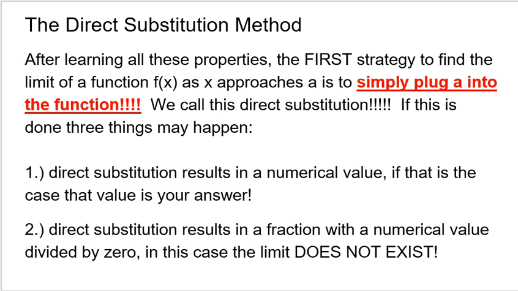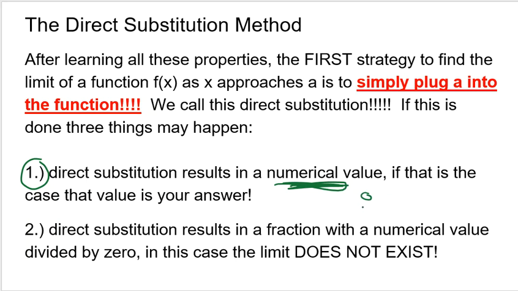It's great. It doesn't always work, but if you plug in a and you get a numerical value, then that's your answer. This video is all about techniques, and the first technique is direct substitution. If you plug a into your function and you get a numerical value, and 0 is a numerical value, that's your answer.